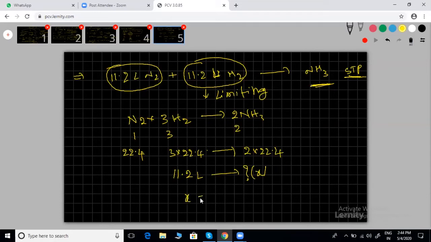Can you calculate? I hope you can calculate: 2 into 11.2 by 3. This is your answer.